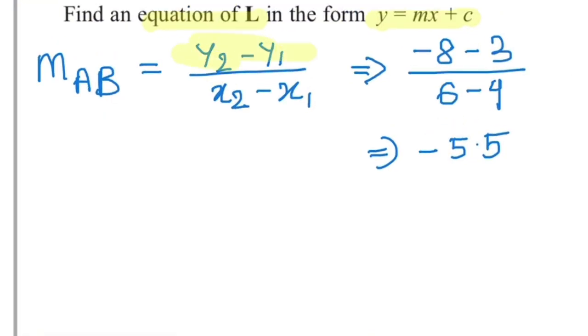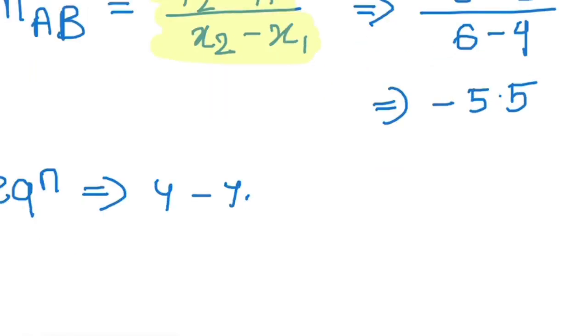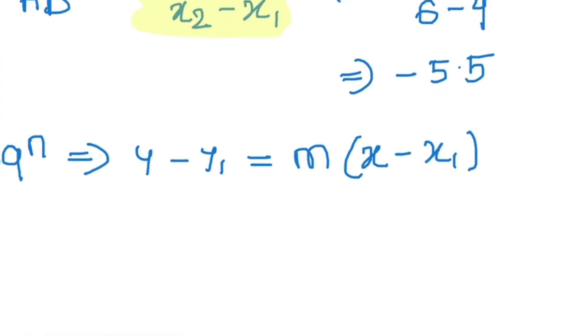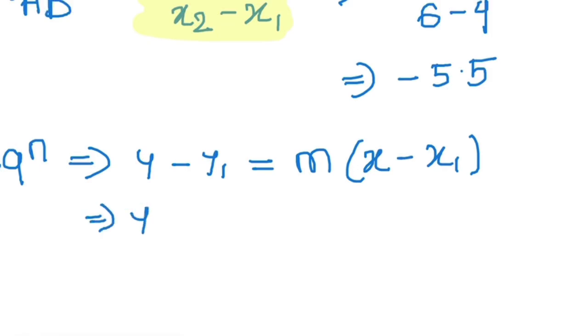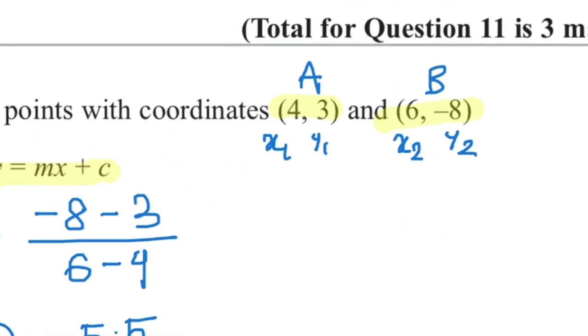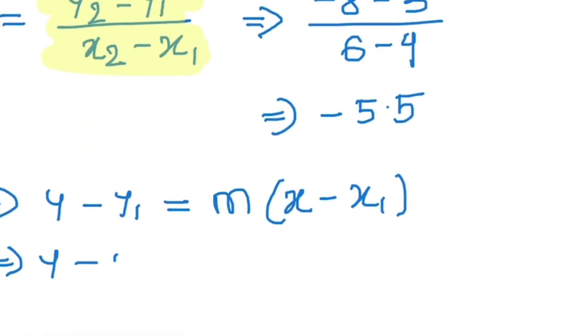Okay, now we're gonna use the formula. This is one formula that we most probably know. Another formula that I'm gonna be using is the formula for equation y minus y1 equals gradient, same way, x minus x1. So the y will remain the same, and the y1, it's over here, it's 3, so we're gonna put 3 here.